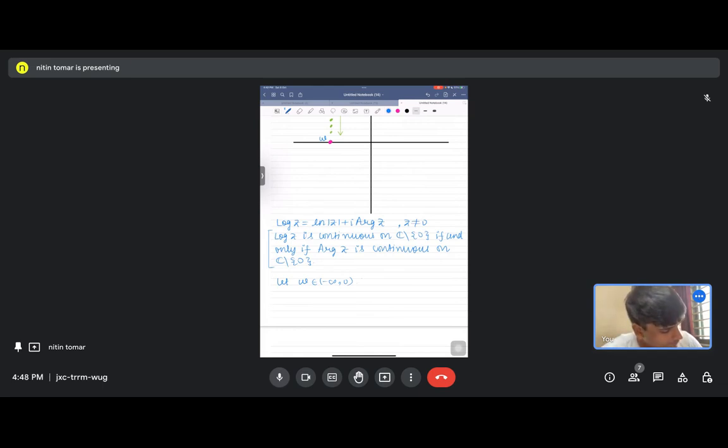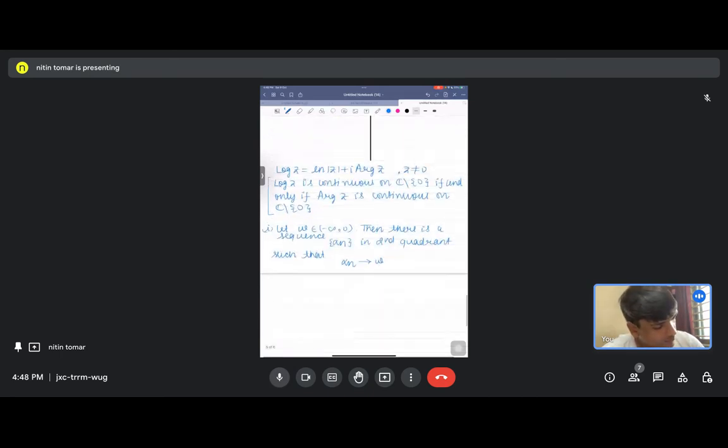Then there is a sequence alpha n in the second quadrant such that alpha n converges to W as n goes to infinity. All of you agree with this?